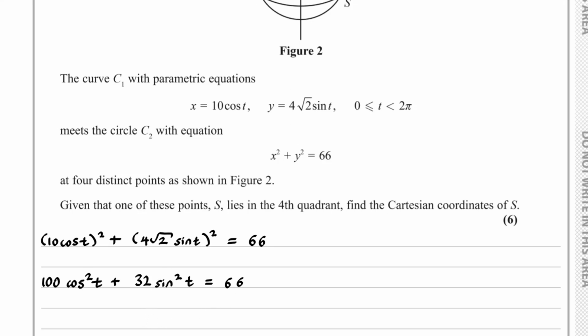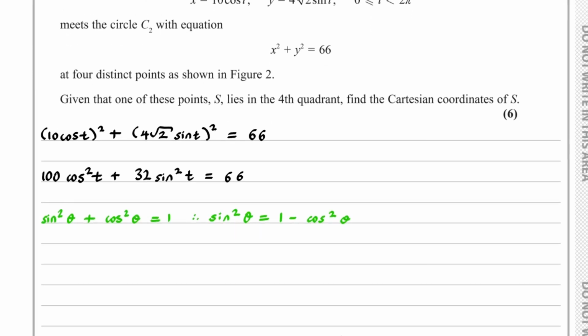And we should know one of the standard identities: sine squared theta plus cos squared theta equals 1, and therefore from here sine squared theta is equal to 1 minus cos squared theta. And therefore, replacing the sine squared t with 1 minus cos squared t, we would have 100 cos squared t plus 32 lots of 1 minus cos squared t equals 66.